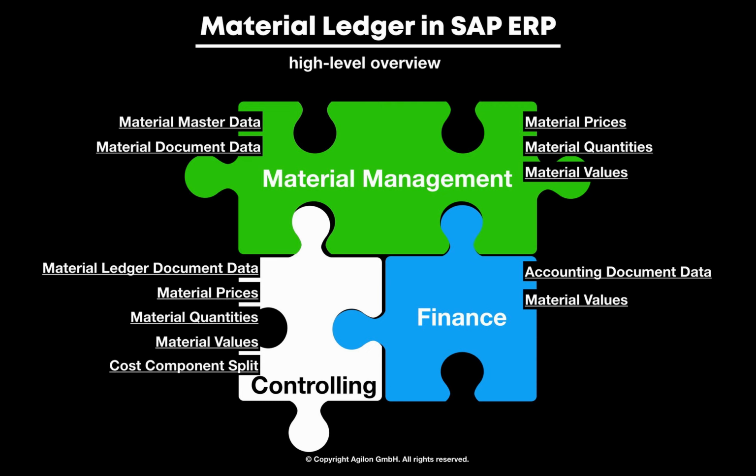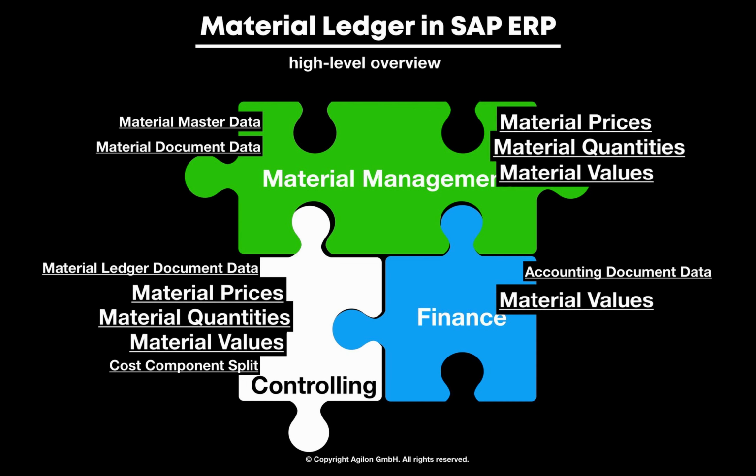Let's take a look at the material ledger data model in SAP ERP. The valuation of materials was distributed between three main modules. Material management carried material master data, transactional material data, and material valuation data.